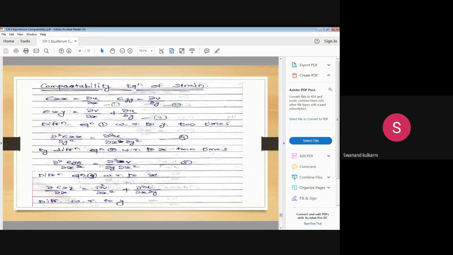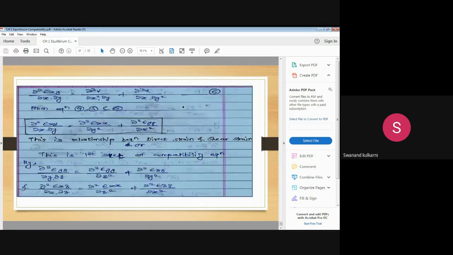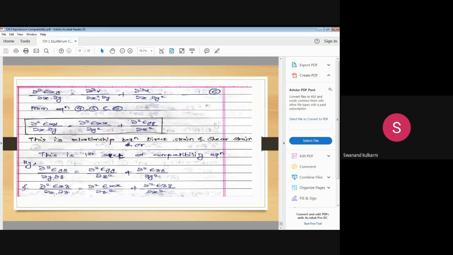So after referring to equations 4, 5 and 6, what kind of similarities can we get here? You can understand here. It is ∂²epsilon xy/∂x∂y. For equation number 6, we are going to refer to its left hand side. After referring to this left hand side, what we are getting? ∂²epsilon xy/∂x∂y here.